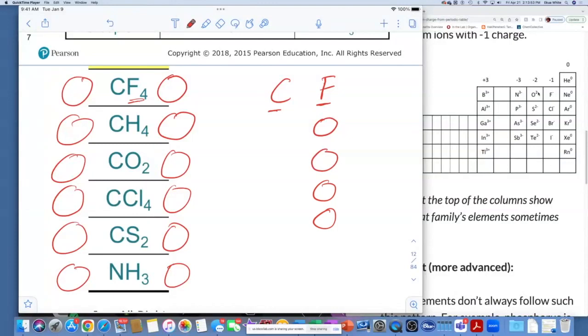Each fluorine has to have a -1 oxidation number, so -1, -1, -1, -1. Because of what fluorine brings, carbon has to adapt. It's going to be +4 total to make the whole compound neutral. So I'm going to write +4 for the carbon and -1 for each fluorine.